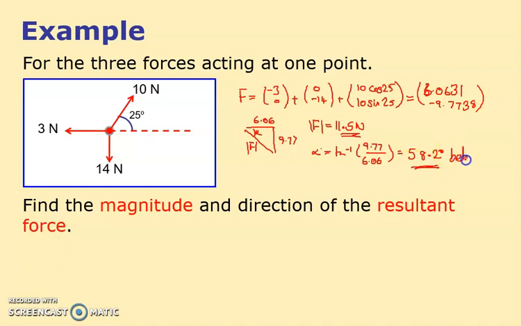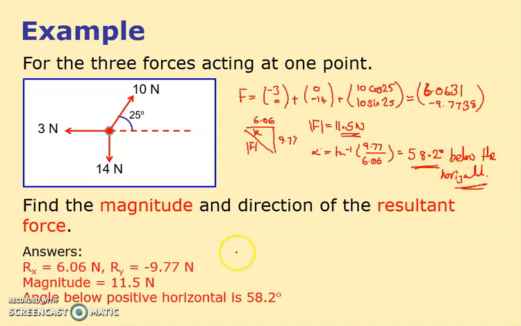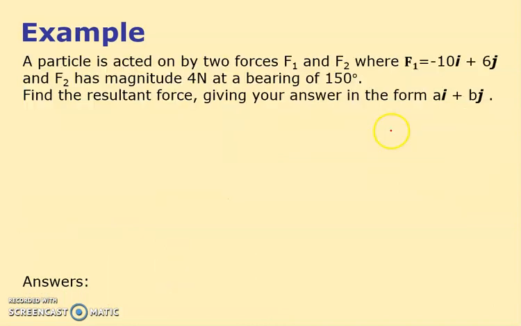I'm going to say below the horizontal, just to highlight the fact that it's gone underneath and not above. So 58.2 and 11.5, good, we're all happy with that. Notice I split it up when I first did it as a top line and a bottom line, a resultant in the x direction and a resultant in the y direction. But actually writing it in this vector notation is probably a neater way to do it.